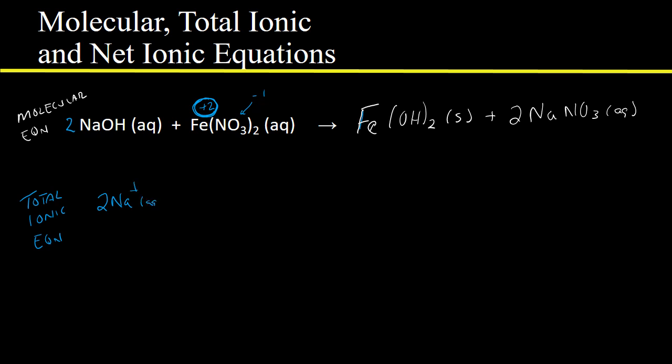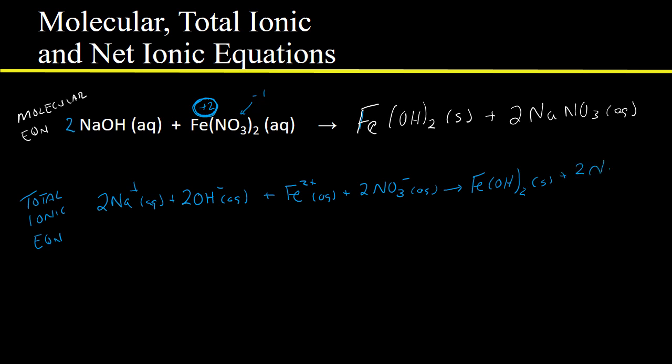So we're going to get sodium ions and hydroxide ions reacting with a solution containing iron 2 ions and nitrate ions, producing some iron hydroxide and sodium ions and nitrate ions. All right, so there's our correct total ionic equation.